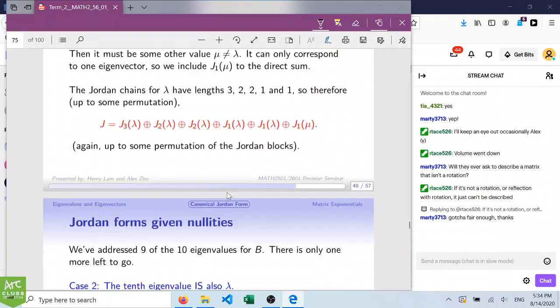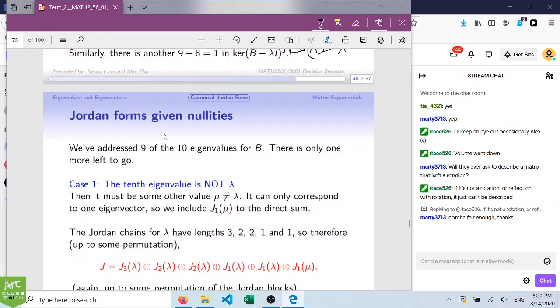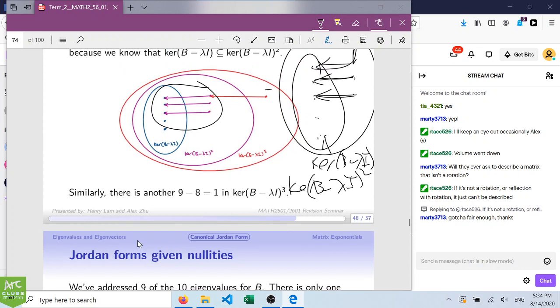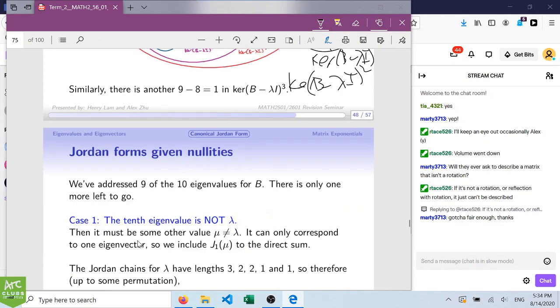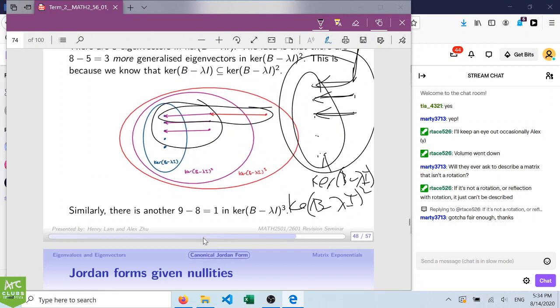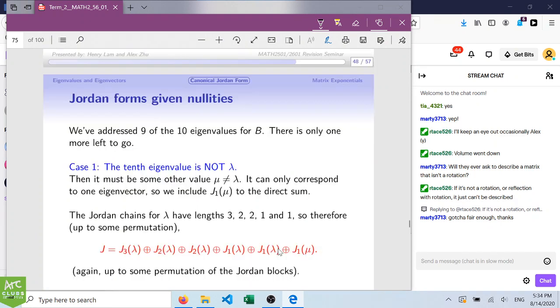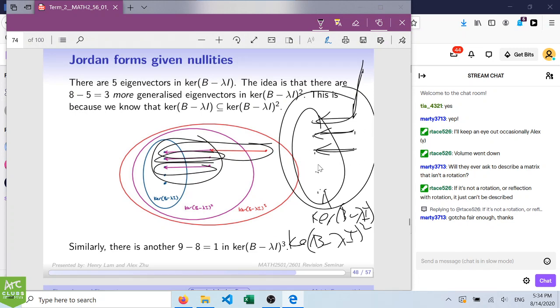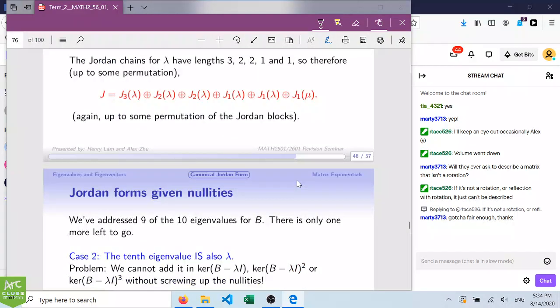So there is a block of size 3 coming from this length over here, 2 blocks of size 2 in this length over here, and then 2 blocks of size 1. That's how we can use the onion diagram to sketch out all possible Jordan blocks.